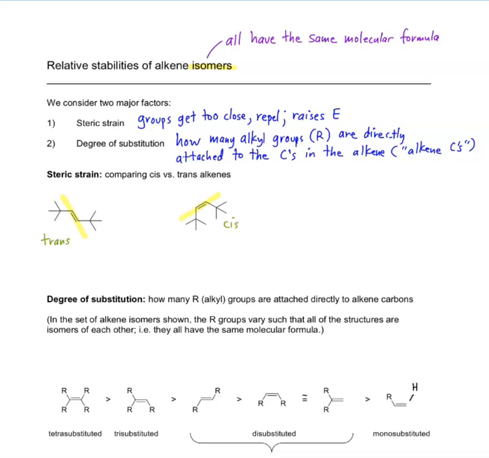Now what we can see in the cis compound is that these methyl groups get too close to one another, and so that causes steric strain. So in this case, the cis alkene is 10.6, not a number you need to memorize, kilocalories per mole higher in energy than the trans.